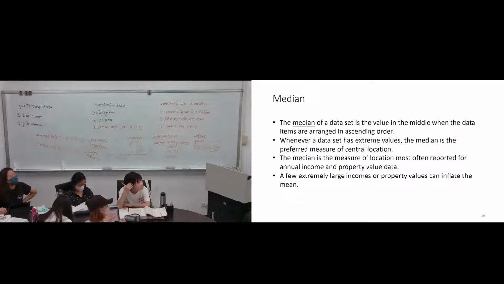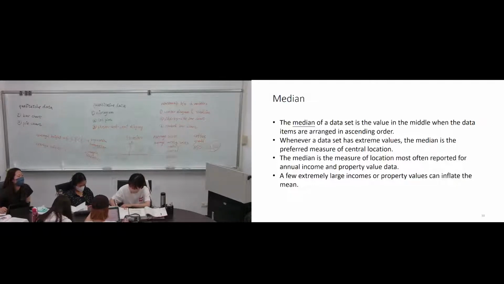Whenever a data set has extreme values, the median is the preferred measure of central location, because we are concerned with the value in the middle. The median is not affected by the extreme value.